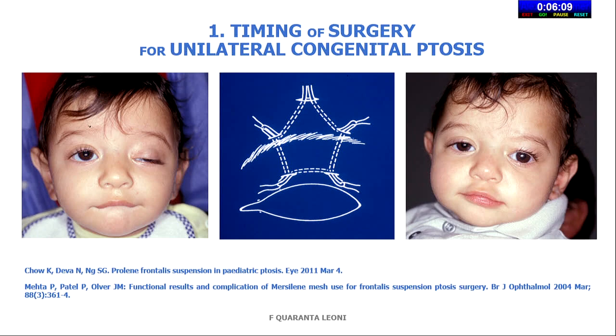We have to tell the parents, this is not cosmetic surgery, this is pure functional surgery. We have to preserve the sight of the patient. This is an anti-amblyogenic correction of ptosis, and so we gain time until the child is a little bit older to do definitive surgery at another stage.